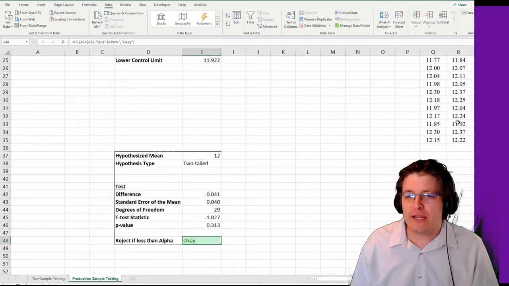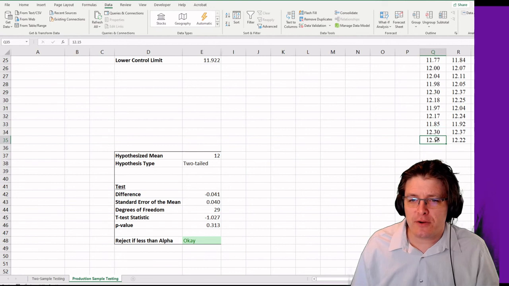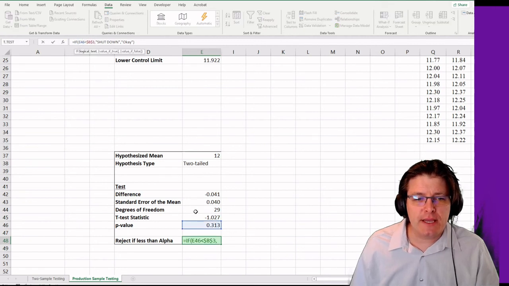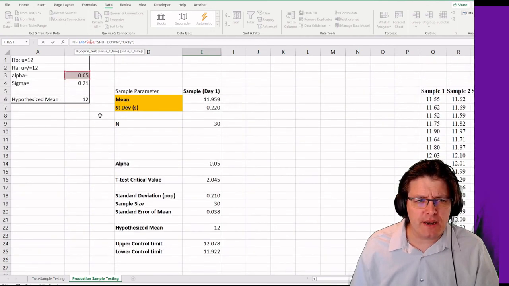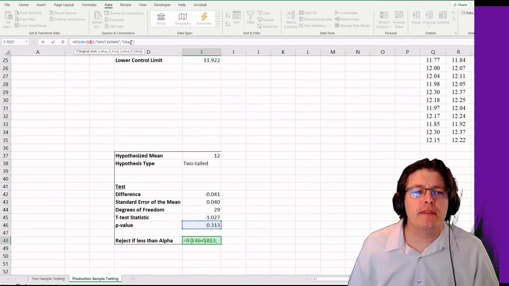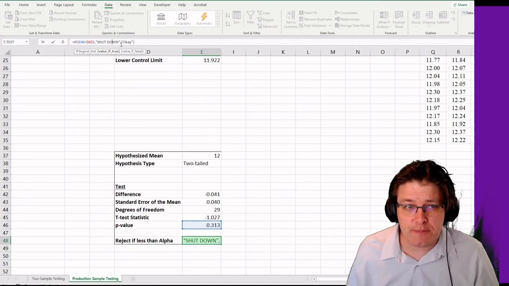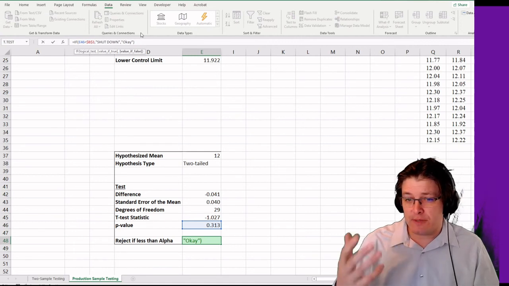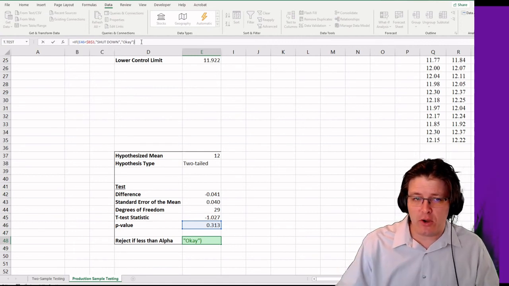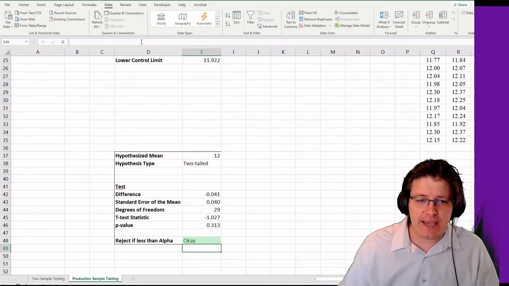So now all they need to do is type in these 30 observations, and I have this set up to say if this p-value is less than 0.05, so the alpha, I think I have that up here, then do something. If not, do something else, right? So this is an if statement, and because it's not less than that, it's going to go with the second value there and say okay.